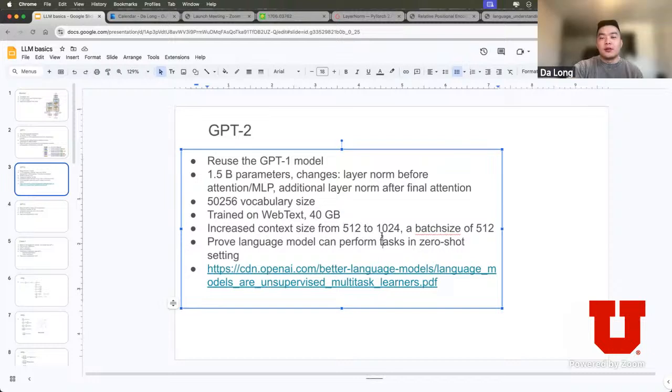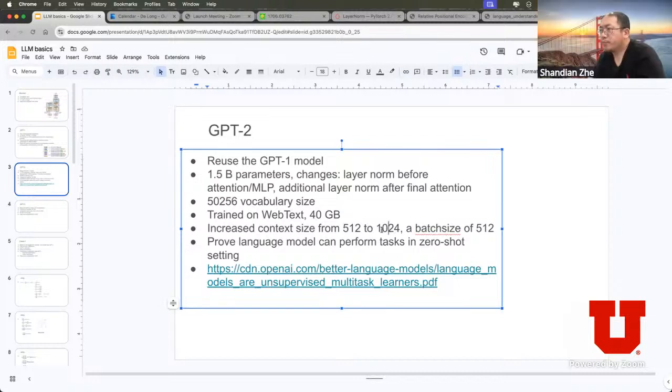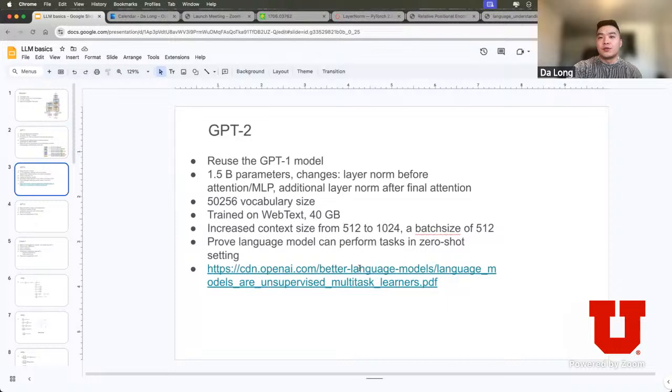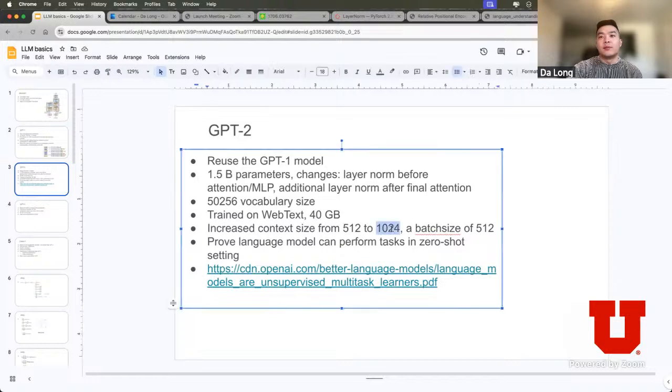Yeah, in the training you have to define a maximum training sequence length, which here is 1024. I think this relates to the position encoding, because in GPT-1 and 2 they use absolute position encoding, so they have to predefine the maximum sequence length.